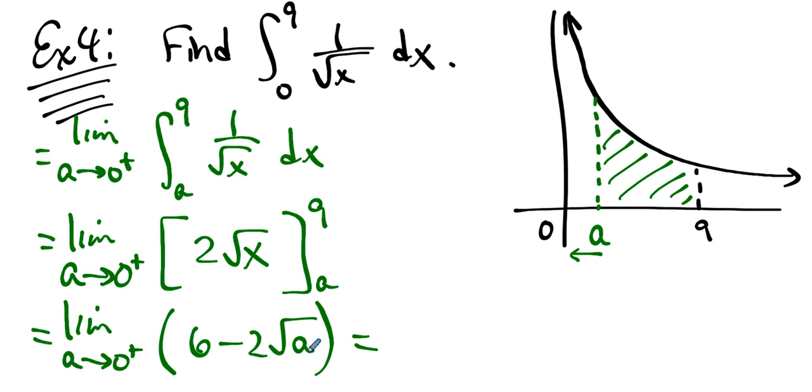Well, as A approaches 0 from the right, this gets closer and closer to 0. This gets closer and closer to 6 minus 0. That's 6. So this area whose boundary curve is unbounded is finite.